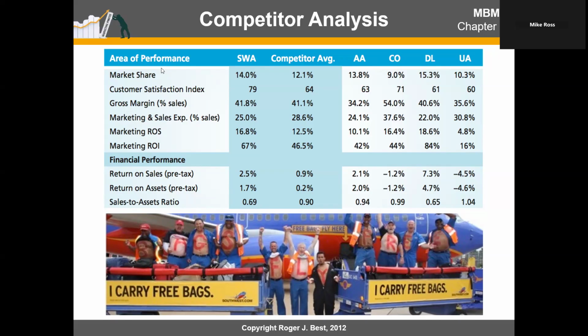what we can do, and we've seen this throughout Best's slides and textbook, is that we can examine competitive brands within a given industry and look at, sort of diagnosing through the lens of market share, customer sat, gross margin, marketing return on sales, and so on.